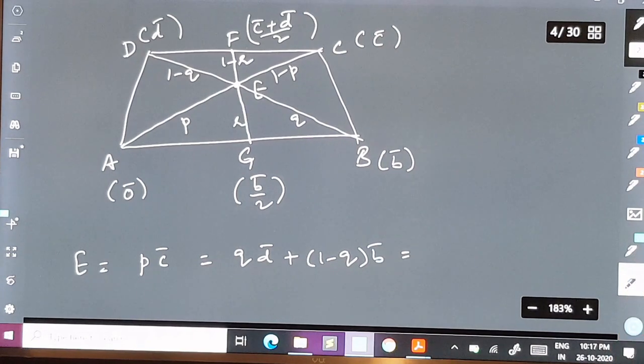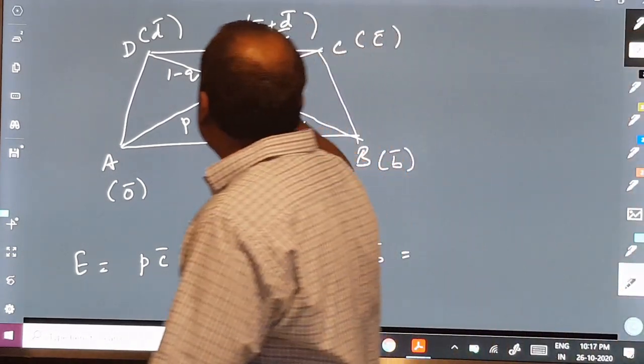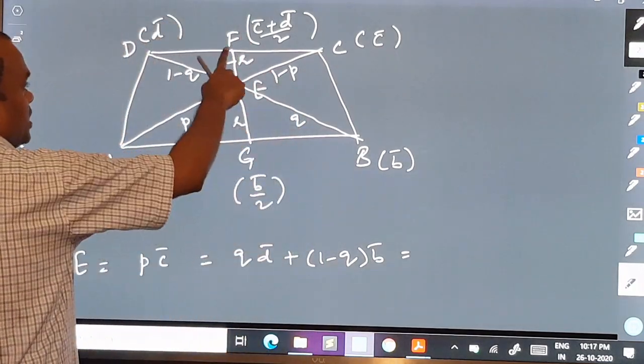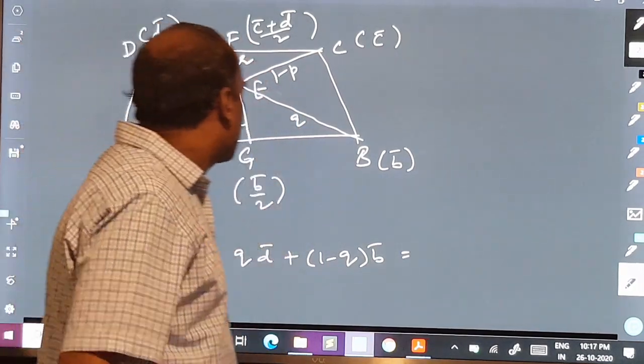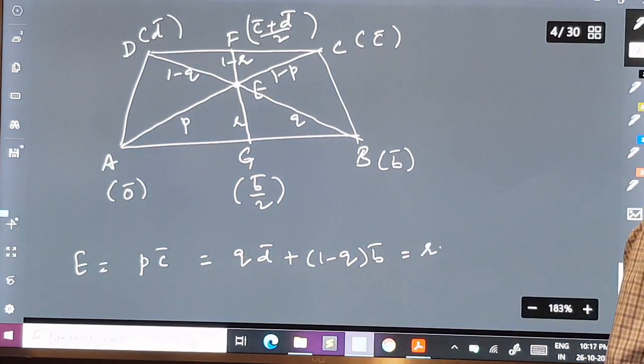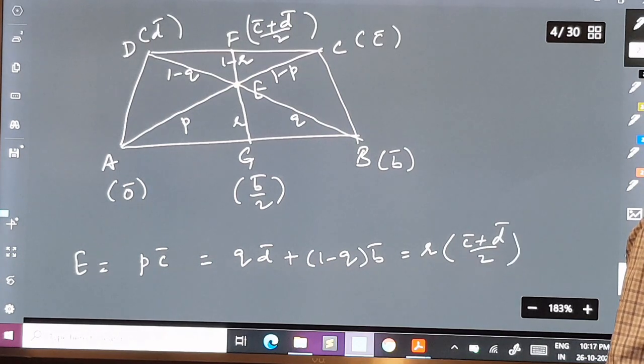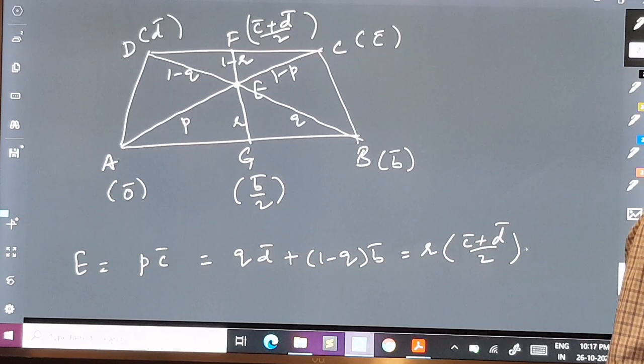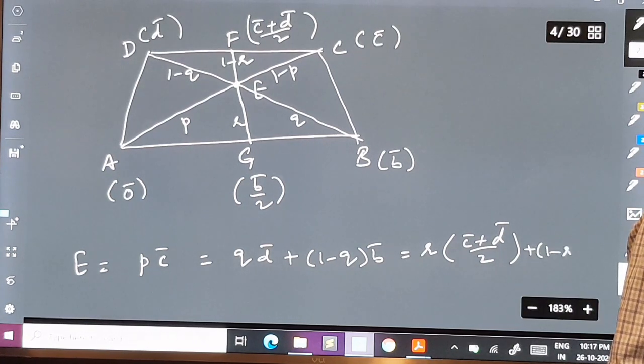And again E is dividing this FG in the ratio R is to 1 minus R. Therefore, I will have it as R into (C bar plus D bar) by 2 plus 1 minus R into B bar by 2.